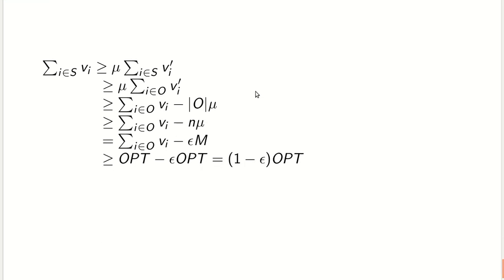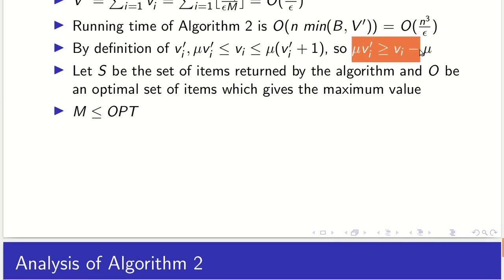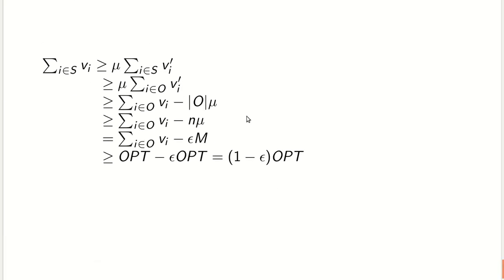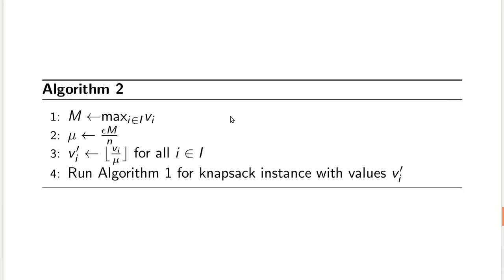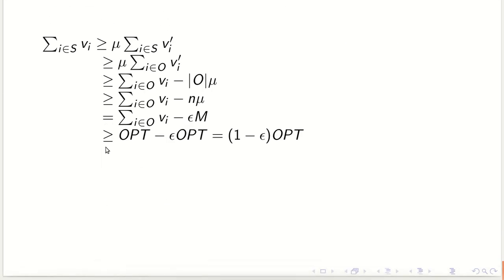If you expand this and use this inequality, you'll get this expansion, and then the size of O is at most n, so you'll get n mu, and n mu is epsilon times m because of this.